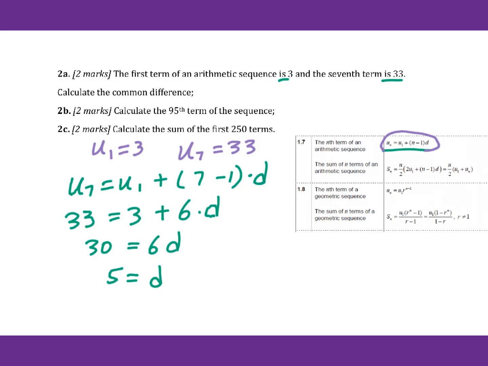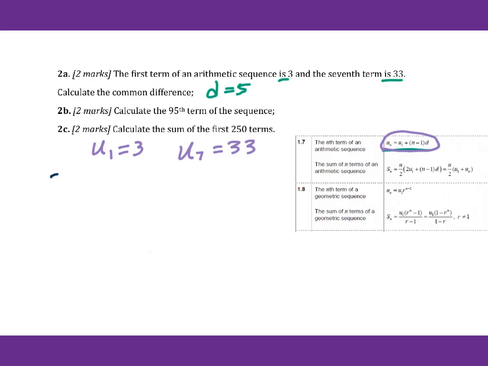For this formula, you have to know that when n equals 7, every single n you need to change into 7. Now let's go to 2b. Calculate the 95th term of the sequence, which means we are looking for U sub 95.